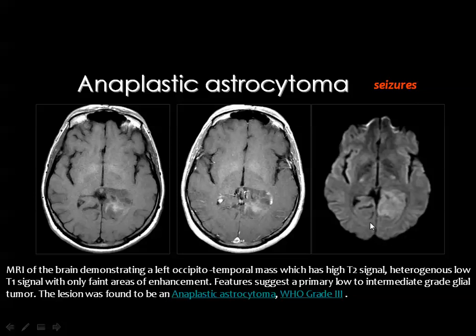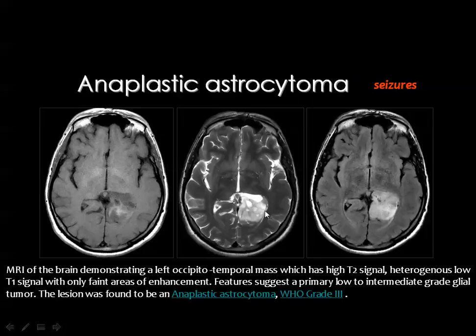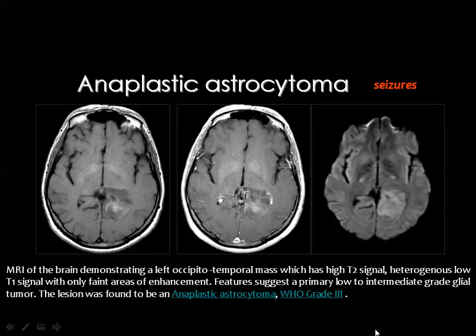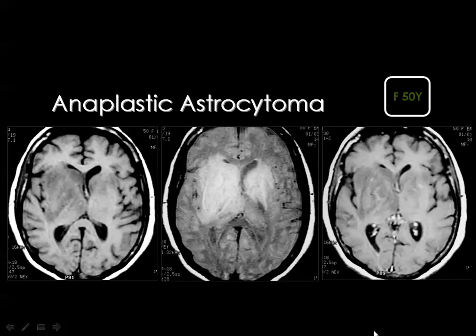The only exception for this tumor to be anaplastic astrocytoma is the presence of high signal patches within the tumor, which usually represent hemorrhage. And I have mentioned that anaplastic astrocytoma usually does not show internal hemorrhage.